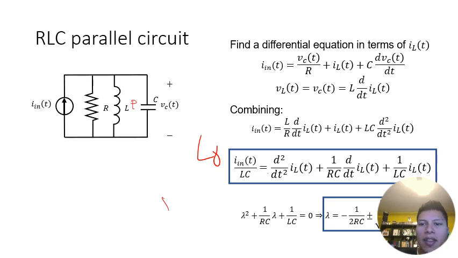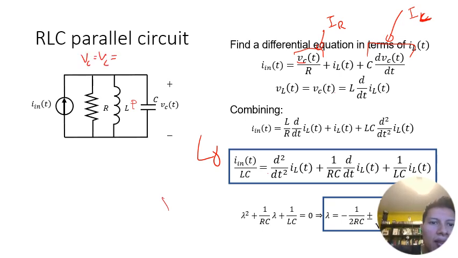So I'm going to briefly go over that. So here I have basically, this is just, remember, the current across the resistor. And this is just the current across the inductor, sorry, the capacitor. And now what we have to do is basically figure out that since we know that V_C is actually equal to V_L, we know that that's also equal to L d/dt of I_L(t).